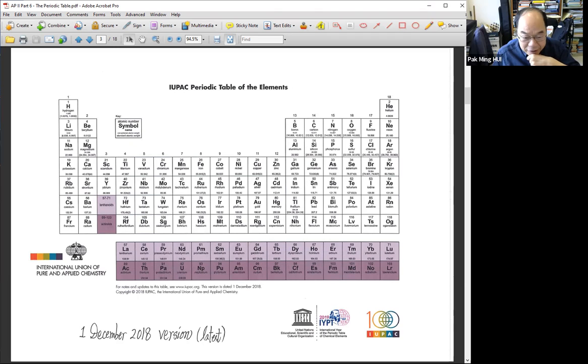This is still the latest formal version issued by the International Union of Pure and Applied Chemistry, IUPAC. So every few years they will meet and then they will decide whether a new version of the periodic table should be released. Usually there may be one or two new elements found.